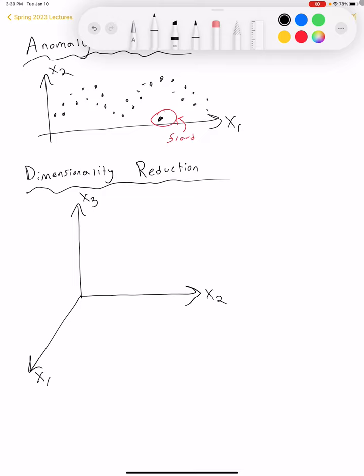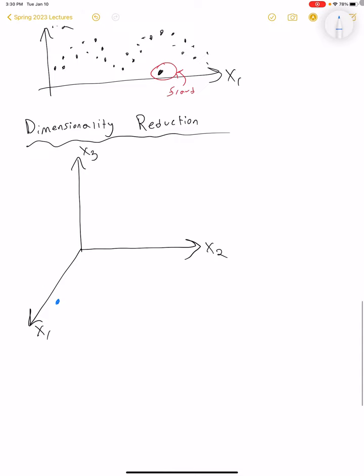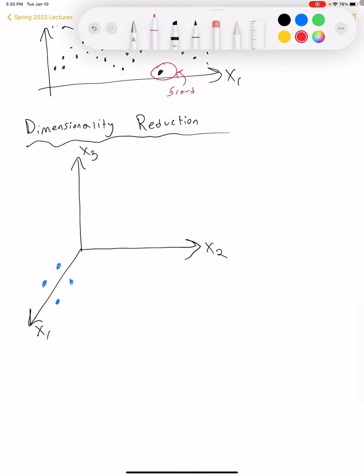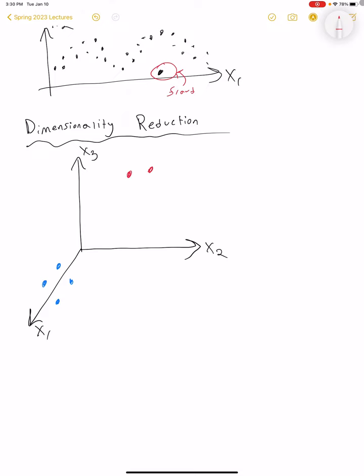We might record 10,000 properties, and each data point consists, therefore, of 10,000 dimensions. But let's look at an example in 3 dimensions, where we have some data points in 3D space.